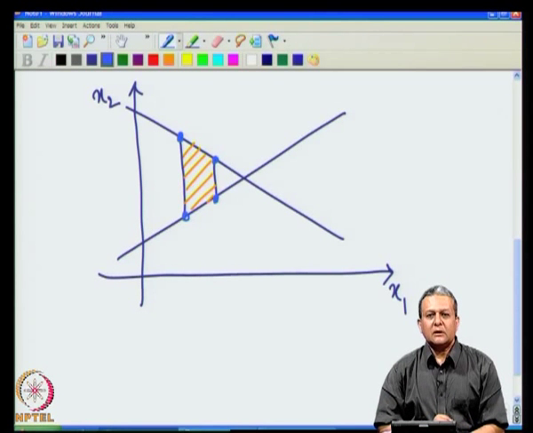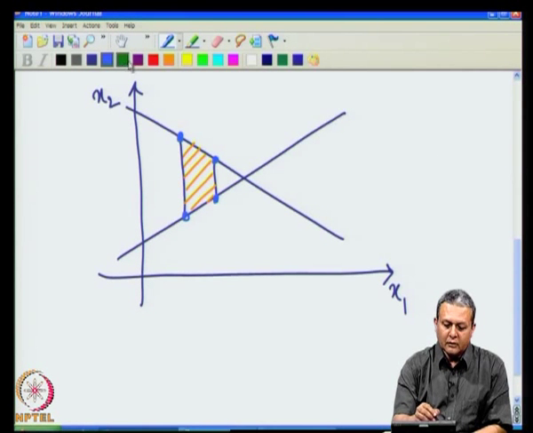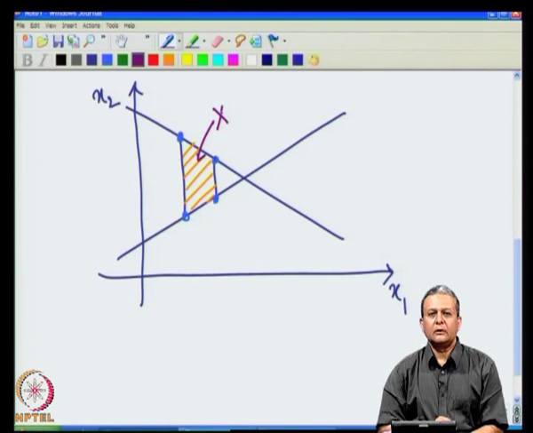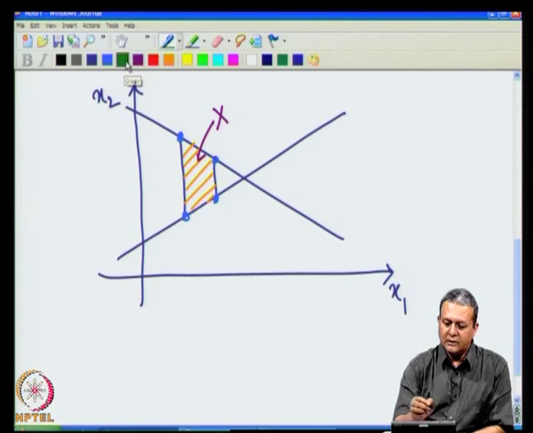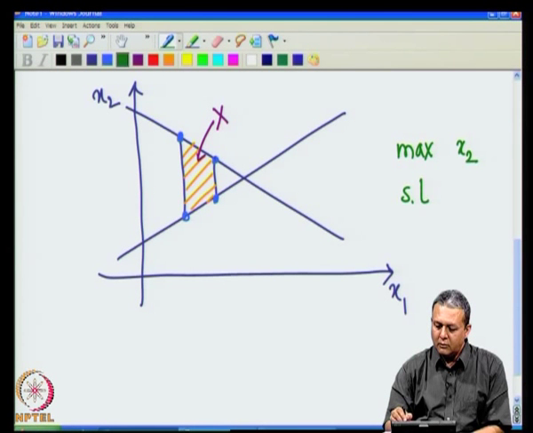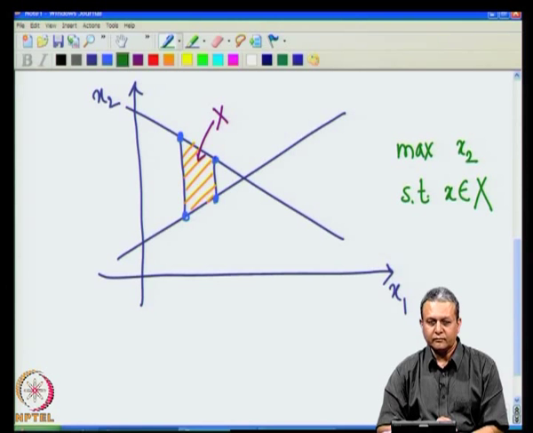So, this is a two-dimensional problem, and let us call this region x. Suppose this is the feasible region for a given program. The given program is the following: we want to maximize x2 subject to the vector x belonging to the set x.